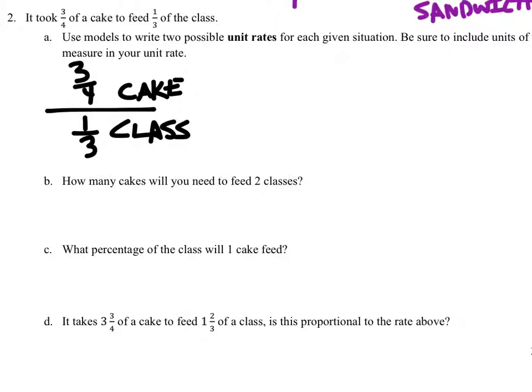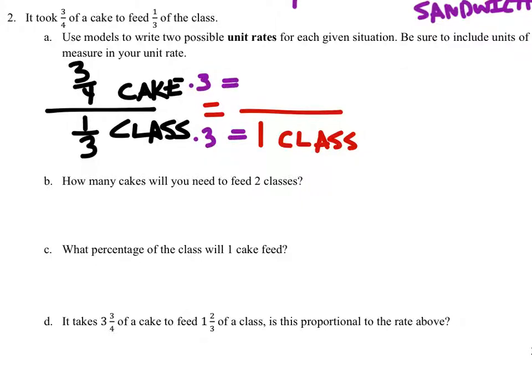And let's find both of the unit rates for these. So for example, if I wanted to figure out for 1 class, what would I do with that 1/3? How do I change 1/3 into 1? Multiply it by 3, right? So I would multiply this by 3 to get the 1 class, and then I'd multiply the 3/4 by 3 to get 9/4 cake.